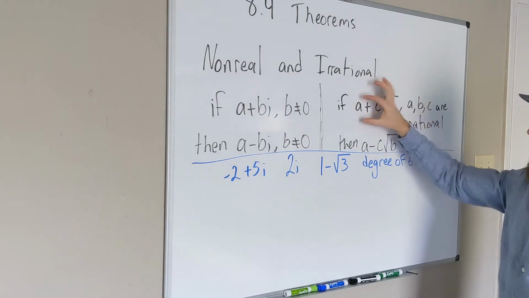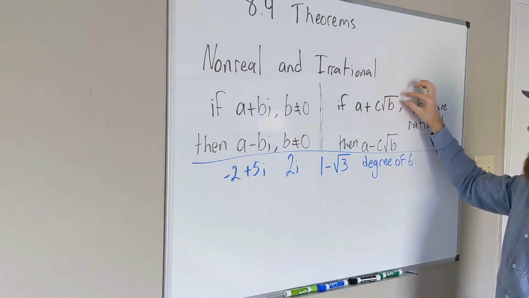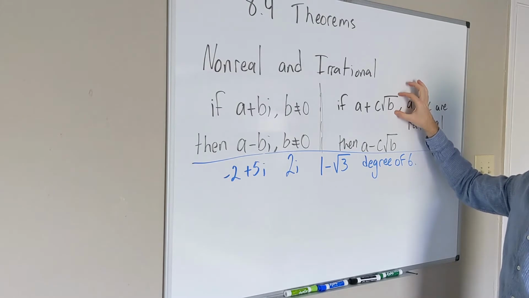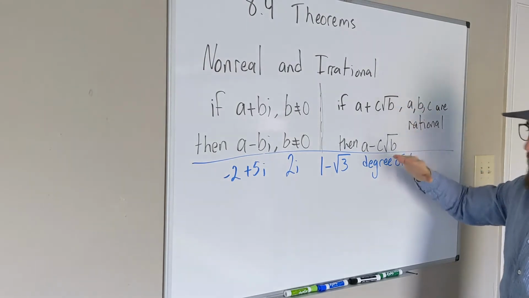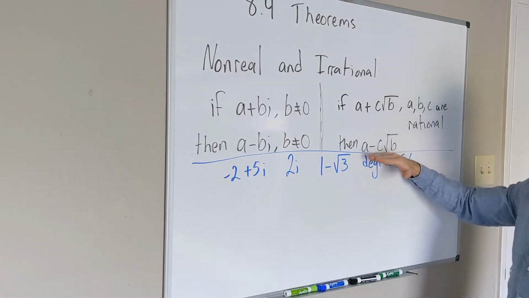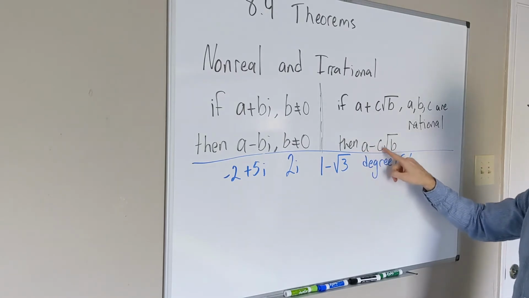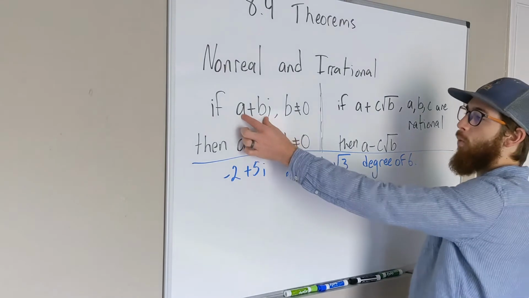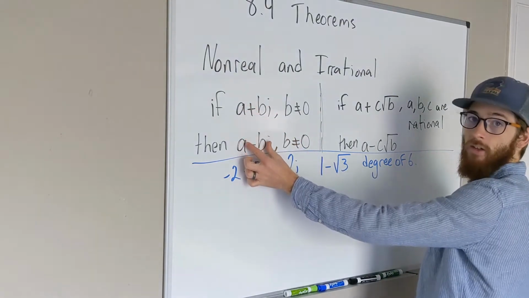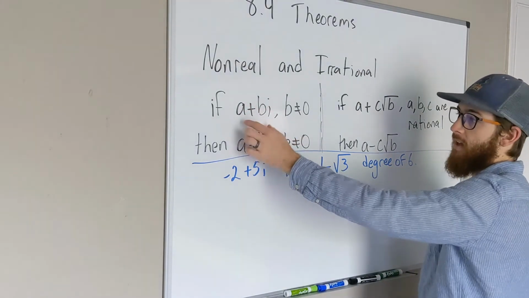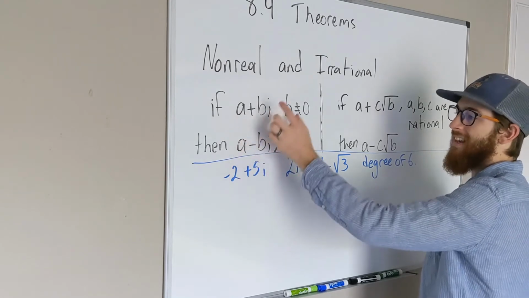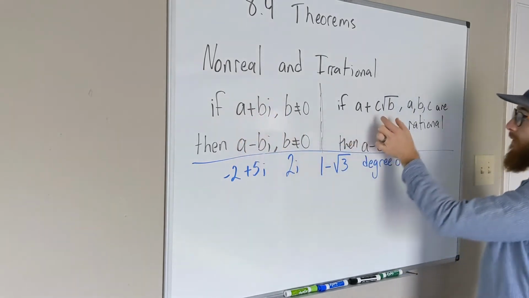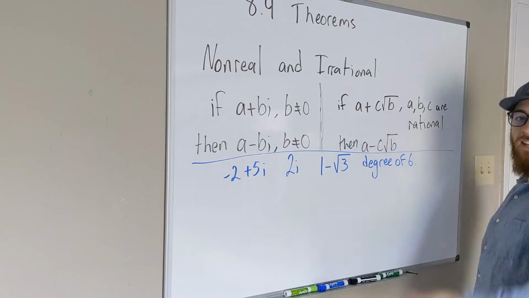If this thing here is a 0 of our function, its conjugate is also a 0, a minus c square root of b. So it's very important to remember that it works both ways: if I have this or this, then it tells me I need the other one.